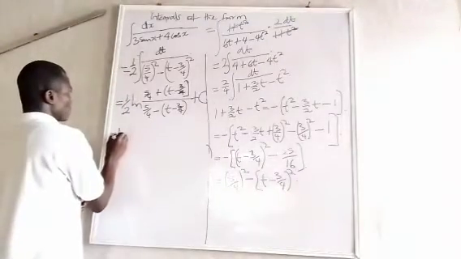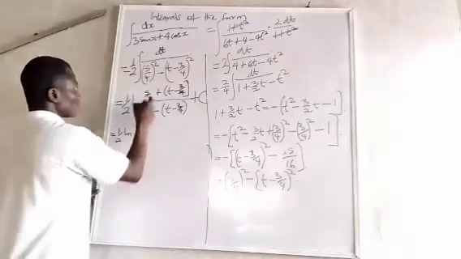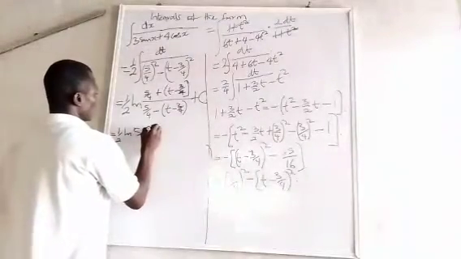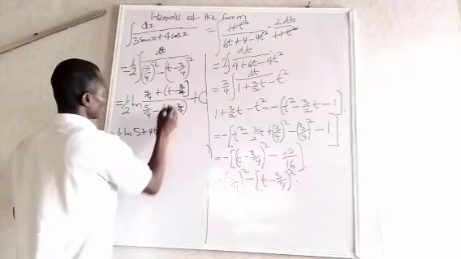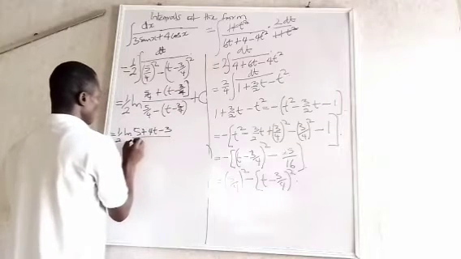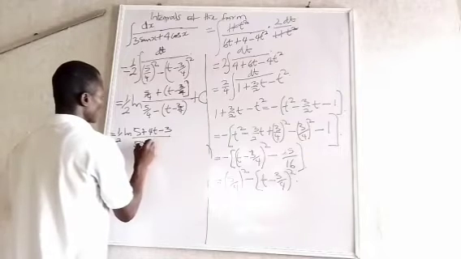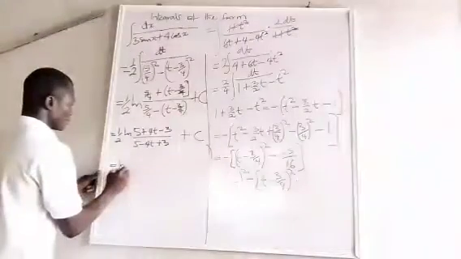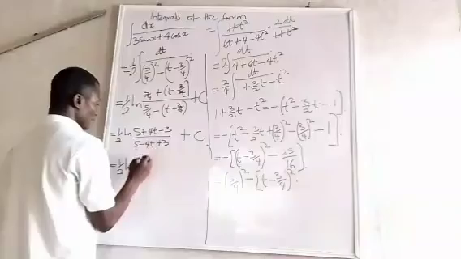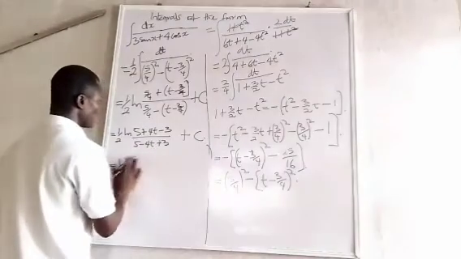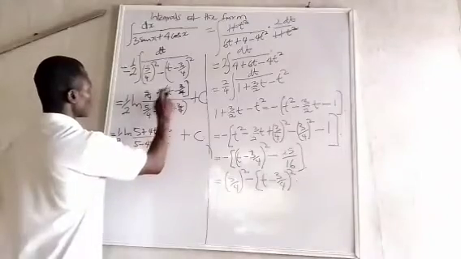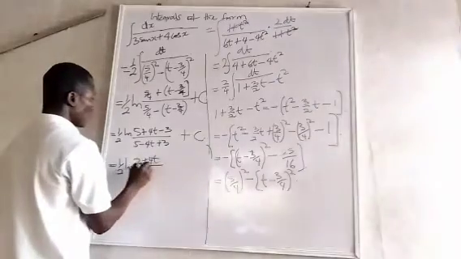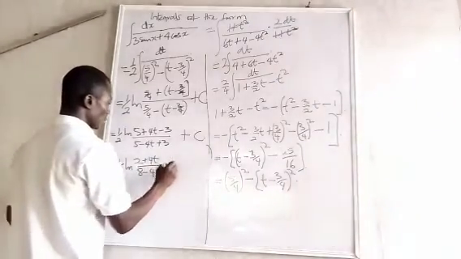So, that is going to be half ln, if we multiply through by 4, 5 plus 4t minus 3 over 5 minus 4t plus 3, which is half ln, so this one is minus, this one is plus, 2 plus 4t over 8 minus 4t plus c.